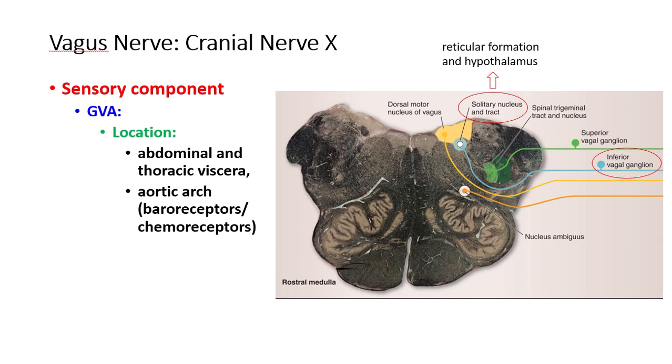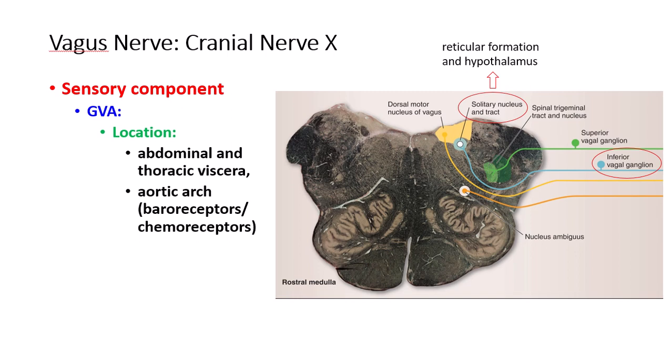There are other receptors located in the aortic arch: baroreceptors for blood pressure, and chemoreceptors, which are important for giving information about the amount of oxygen, blood pH, and carbon dioxide.